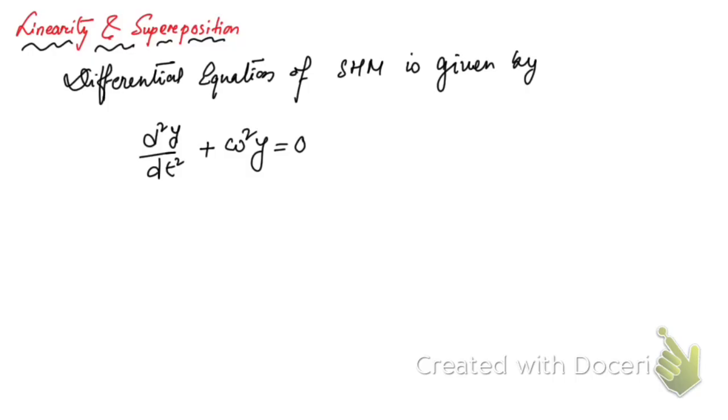Now here in this case, this equation is a linear equation. Why is it linear?